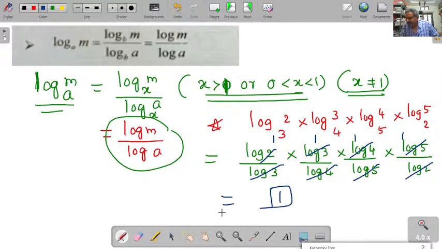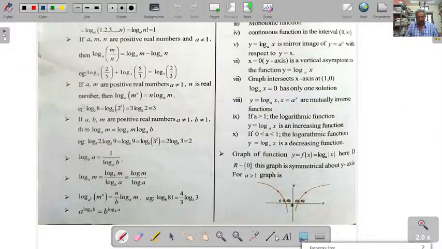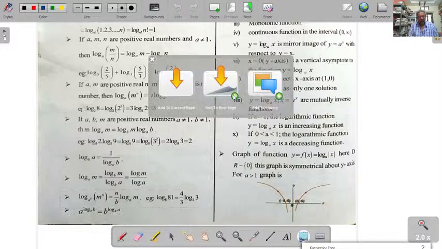Clear? Shall I give one more question to you? Right. So let us discuss one more concept now. One more important property that is a very, very useful property.